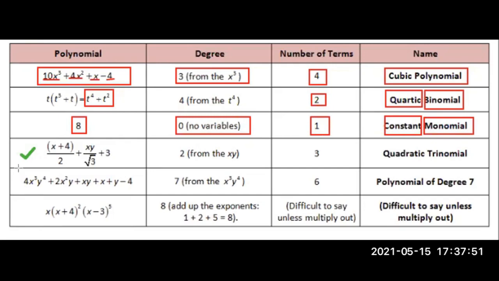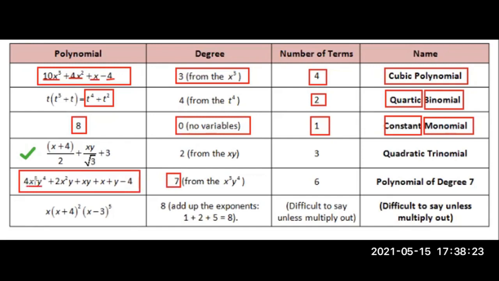So here how many terms? In any expression, first you see the degree. So here the highest degree is 4. You can see on your screen. In one term the highest degree is x to the power 3, y to the power 4, and according to our exponent rule, if we multiply these two, 4 plus 3, we'll get 7. We'll get 7 as our highest degree in one term. So number of terms is 6.